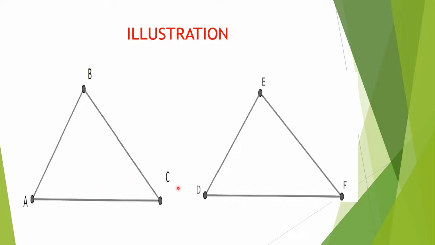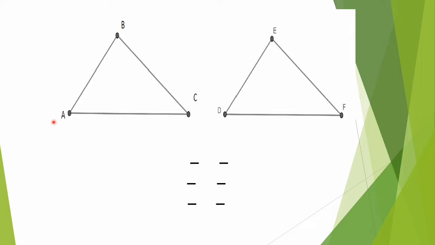A corresponds to D, B corresponds to E, and C corresponds to F. Upon coinciding the three pairs of vertices, we can identify the three corresponding angles and the three pairs of corresponding sides. What are they? What are the corresponding angles and corresponding sides of triangle ABC and triangle DEF?